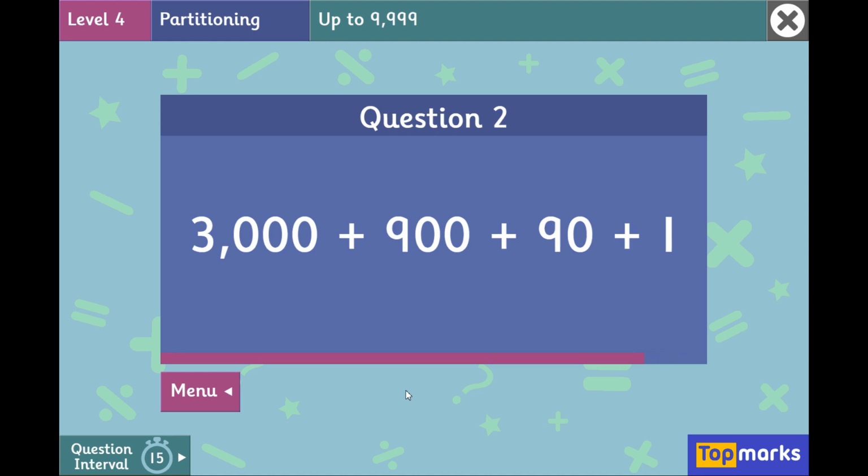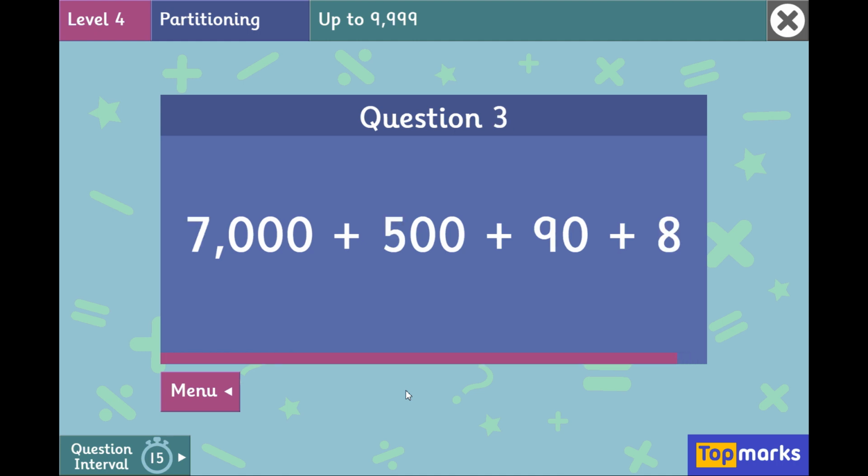Question 2. 3,000 add 900 add 90 add 1. Question 3. 7,000 add 500 add 90 add 8.